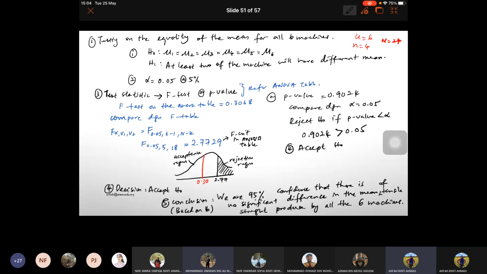Dah. Yang lain Dan. Zakuan. Dah balik dari pantai. Dan yang lain.